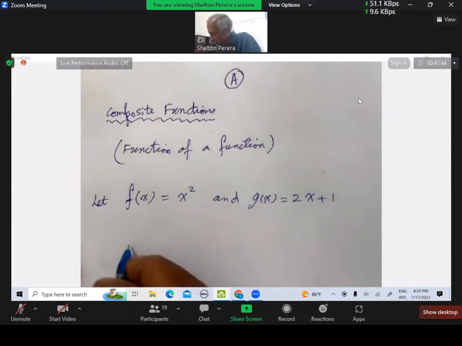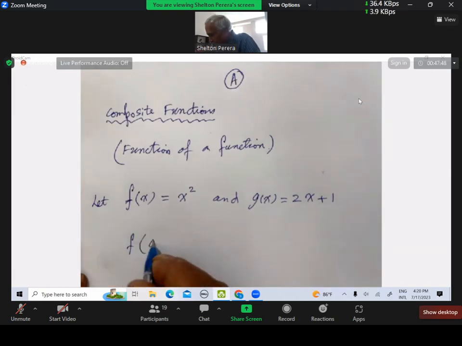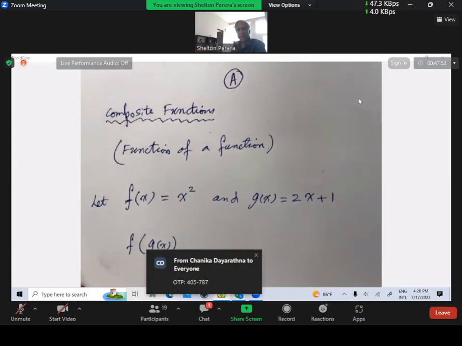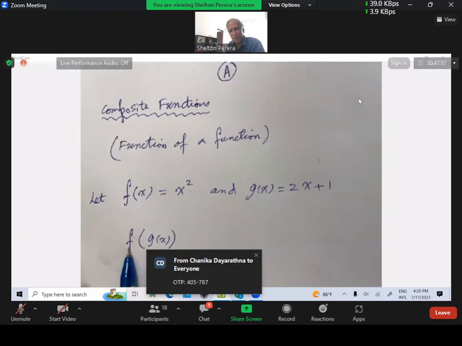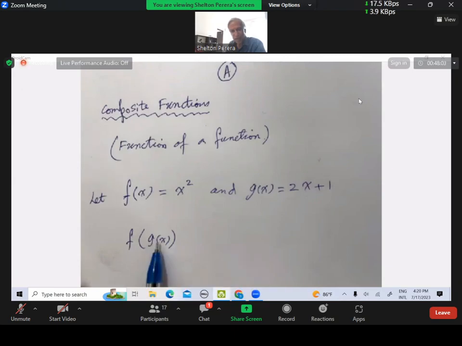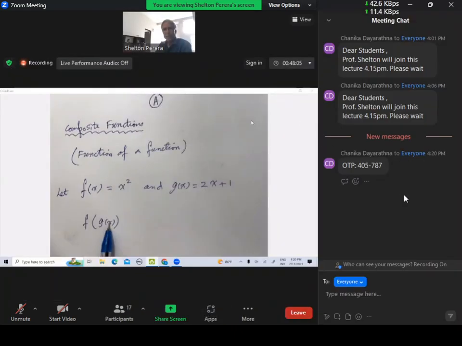Now, suppose we would like to find f of g of x. What is the input for the function f? It is the output of the function g at the domain point x.